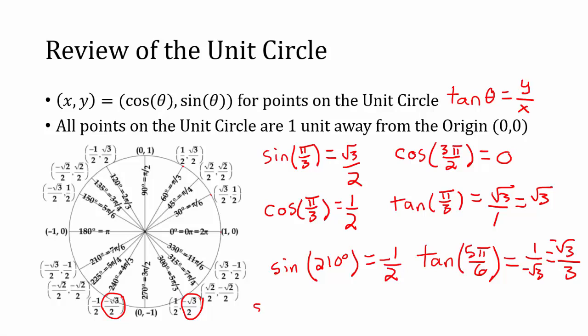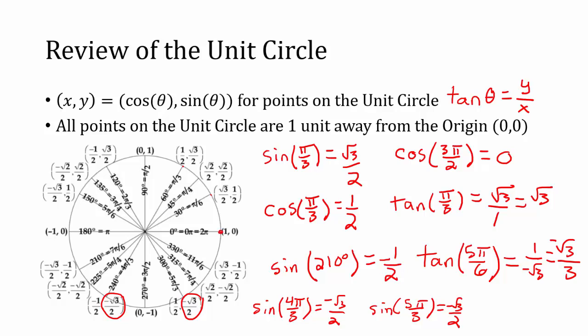So let's see, I'm going to write down some statements here. The sine of 4 pi over 3, that's -√3/2. And the sine of 5 pi over 3 is -√3/2.